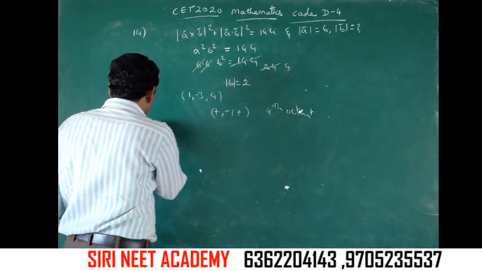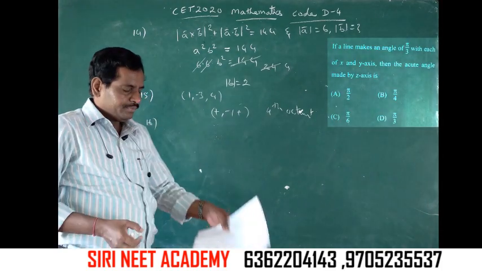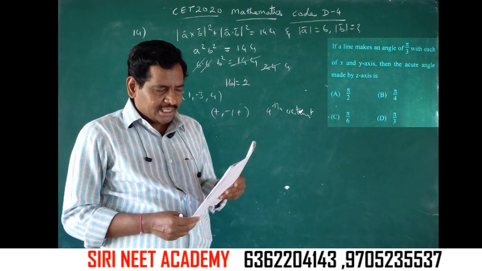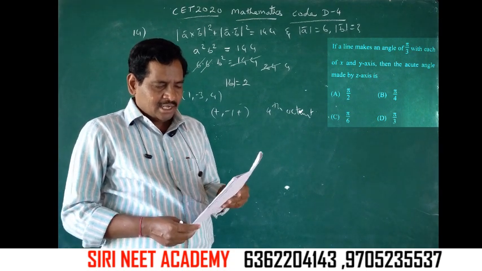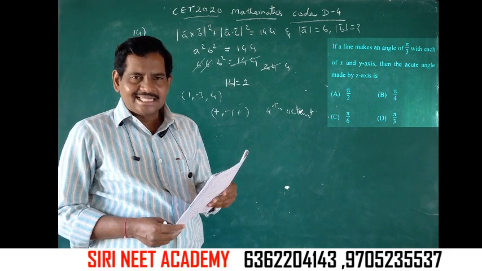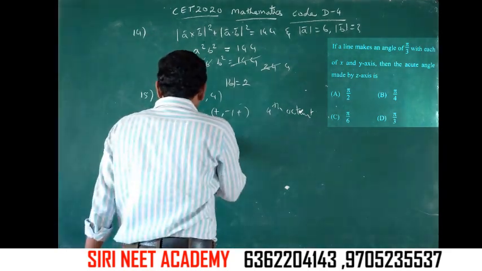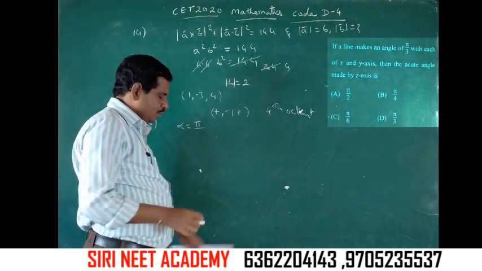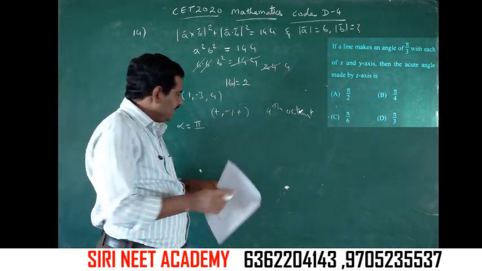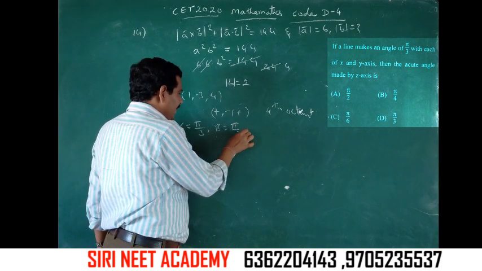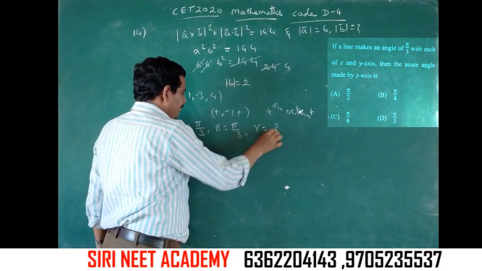Question number 16. If a line makes an angle pi by 3 with each of the x and y axis, then the acute angle made by it with the z axis is. So, a question from 3-dimensional geometry, alpha is equal to pi by 3 and beta is equal to pi by 3. What about gamma?